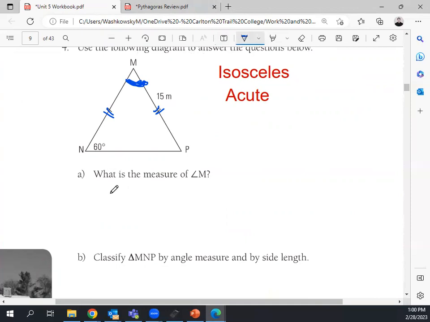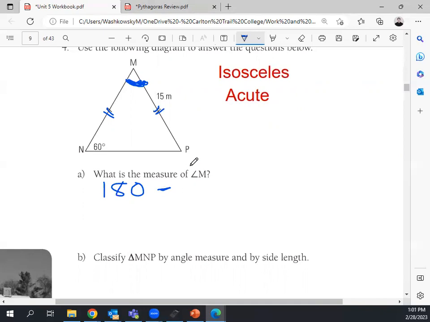Not 90, 180, boom. So all the angles measure up to 180 degrees. I'm going to take away what I know. Would it be 60 degrees? Because if N and P are 60. Well, 50.